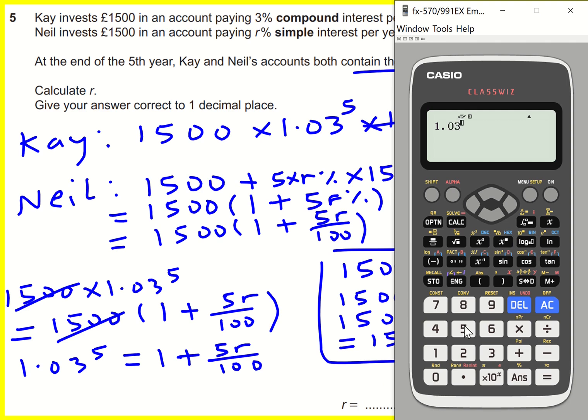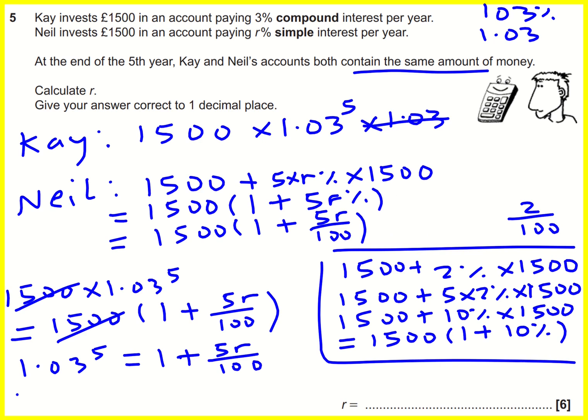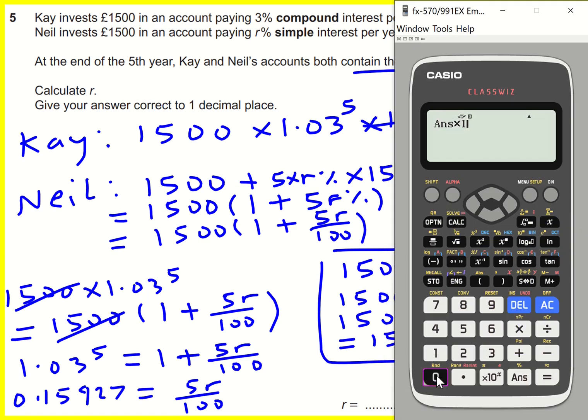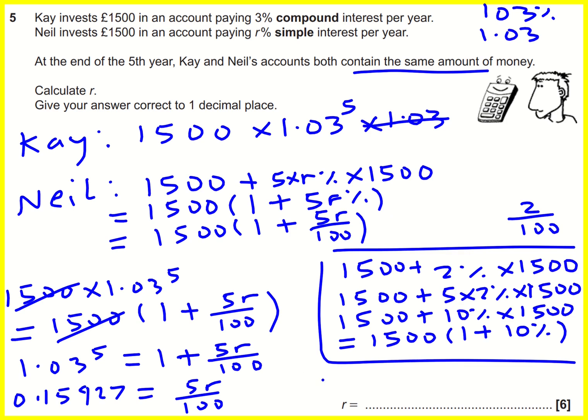So 1.03 to the 5 minus 1, and I'm left with 0.15927. And that is equal to 5r over 100. I'm nearly there, I just need to times by 100 and divide through by 5. 3.185, which to 1 decimal place becomes 3.2.